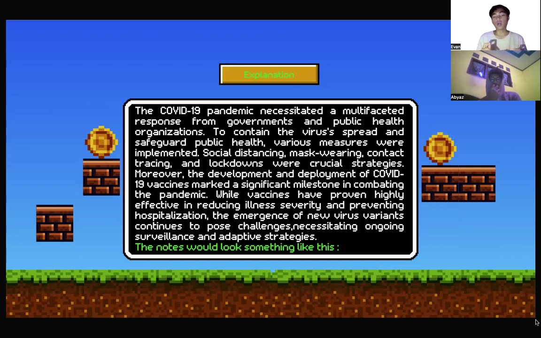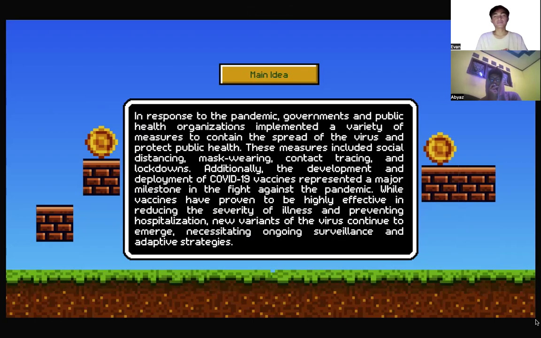The note would look something like this. Main idea: in response to the pandemic, governments and public health organizations implemented a variety of measures to contain the spread of the virus and protect public health. These measures include social distancing, mask wearing, contact tracing, and lockdowns.